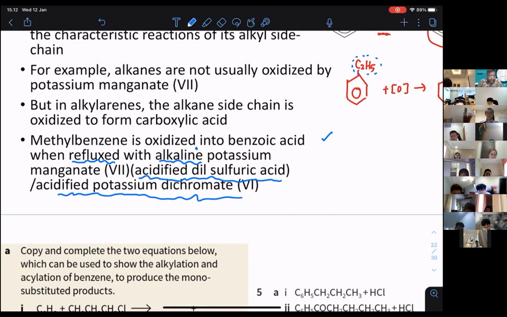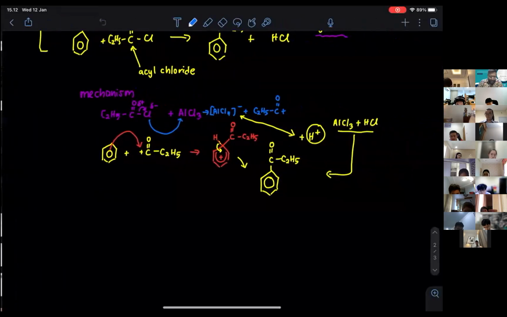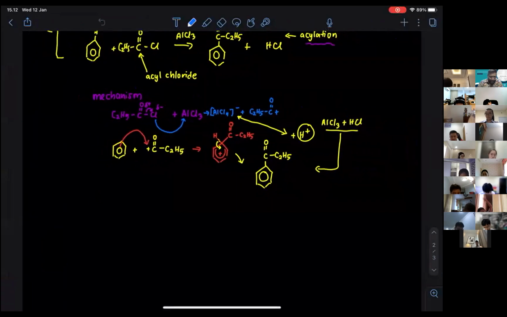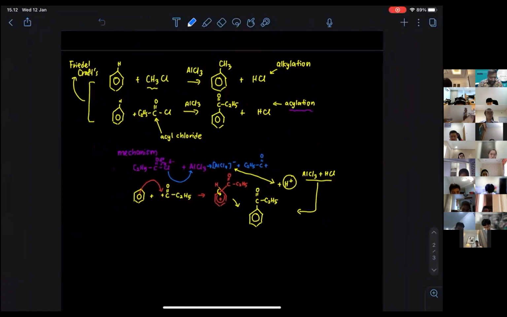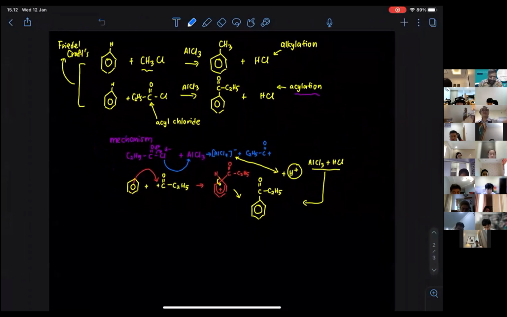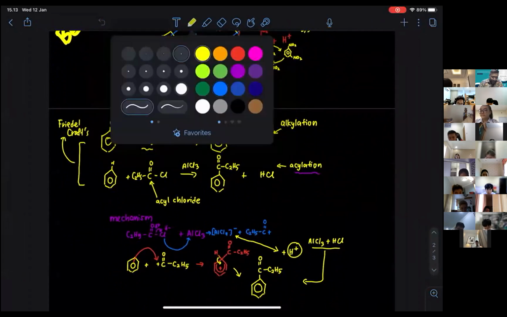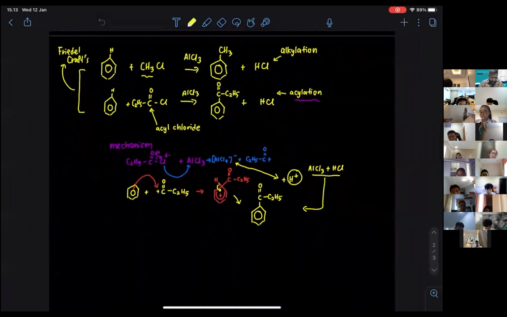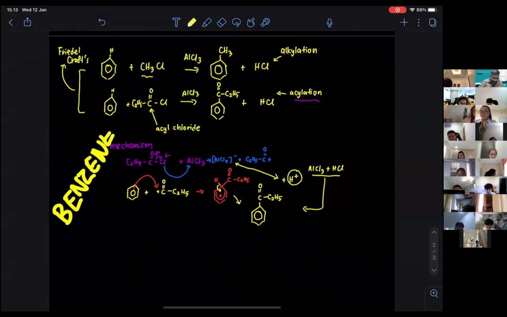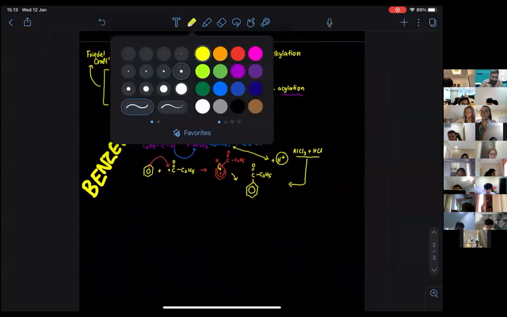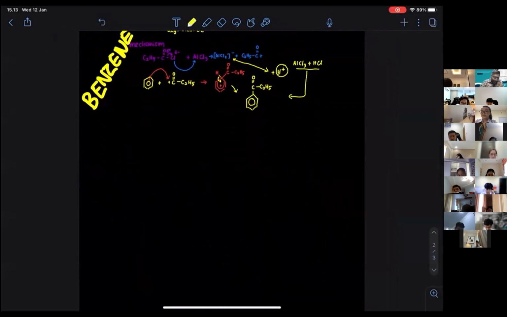So in summary, earlier when we did the Friedel-Crafts reaction, that is basically a reaction involving benzene. The last one that we did just now, the oxidation, involves CH3 or any alkyl benzene.